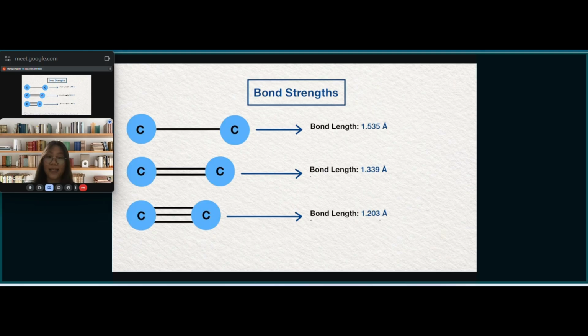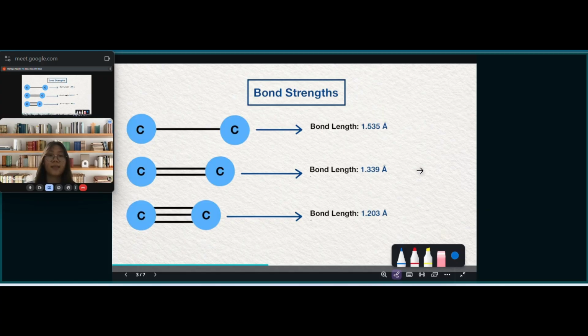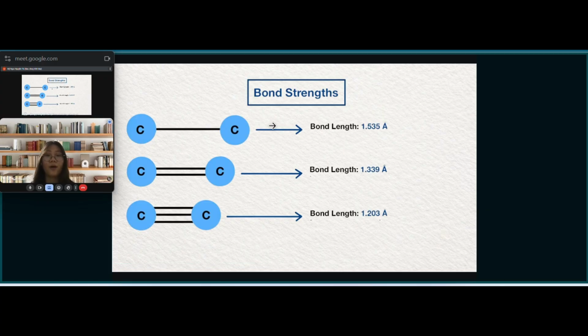But when I have 1 centimeter of that stick, it is really, really hard to break, right? So it's also the case for these three bonds.